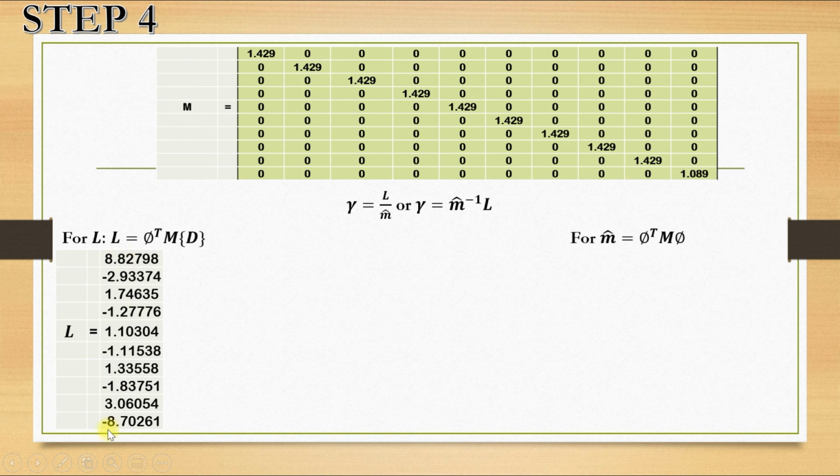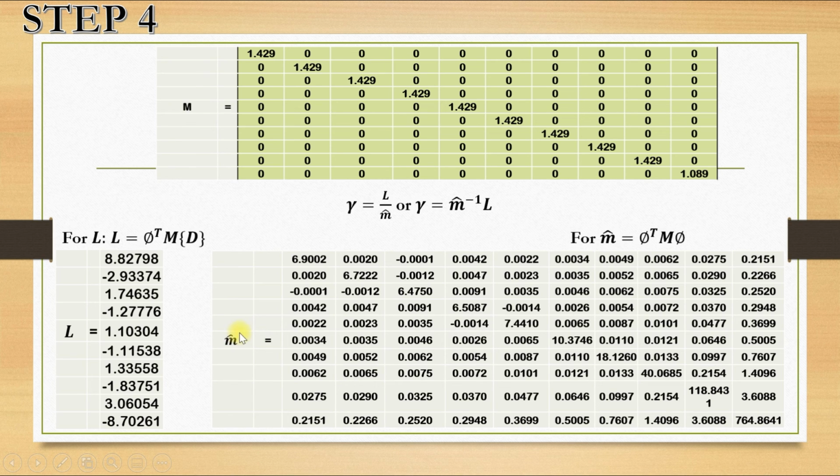So hanggang dito at saka dito itong M hat, ito na yung value kanina. So since mayroon na tayong L at saka M hat, pwede na natin masolve yung si gamma.